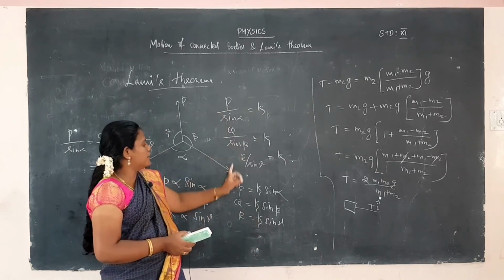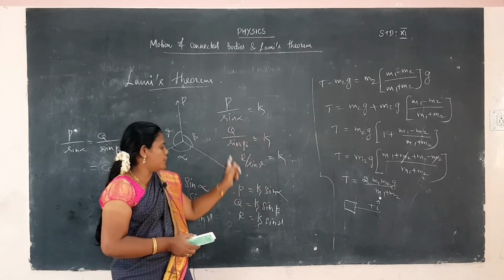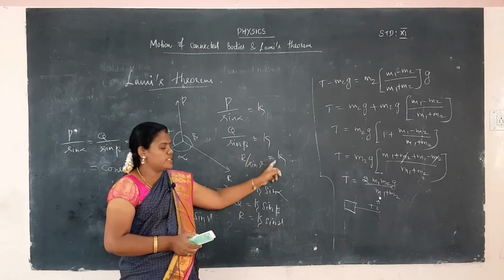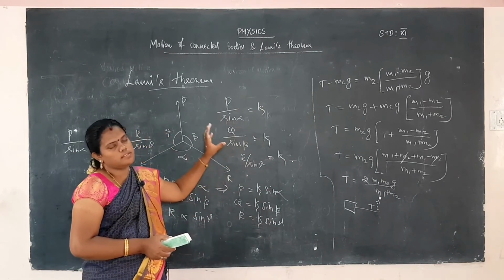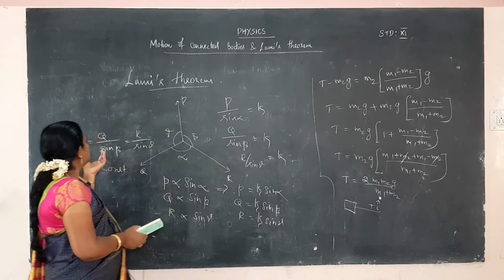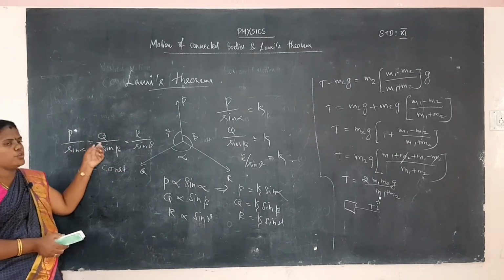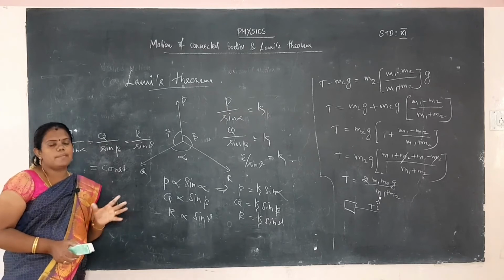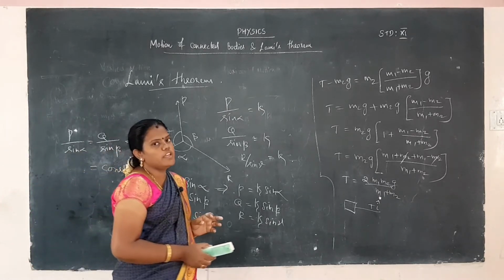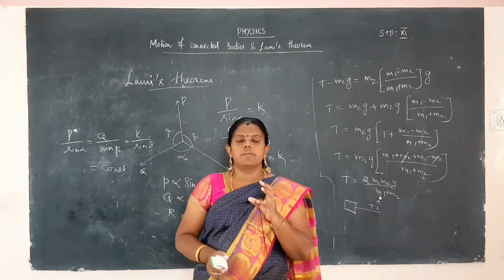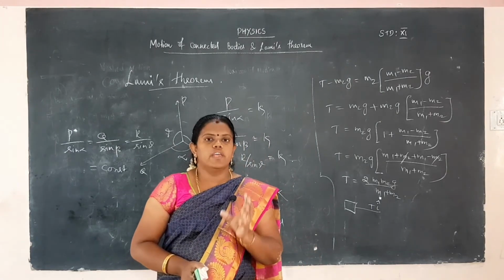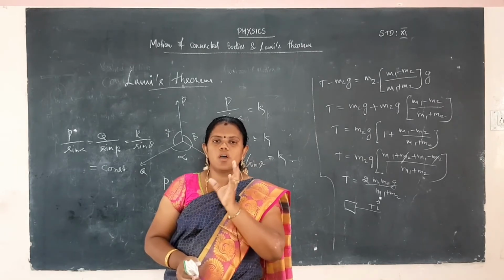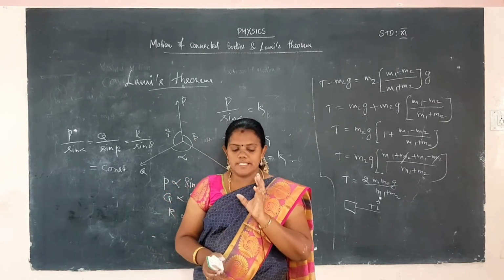So P by sine alpha is equal to K, Q by sine beta is equal to K, and R by sine gamma is equal to K. All three have the same constant, so P by sine alpha is equal to Q by sine beta is equal to R by sine gamma, equal to a constant. Lami's theorem is about three concurrent forces meeting at a single point, where each force is directly proportional to the sine of the angle between the other two forces.